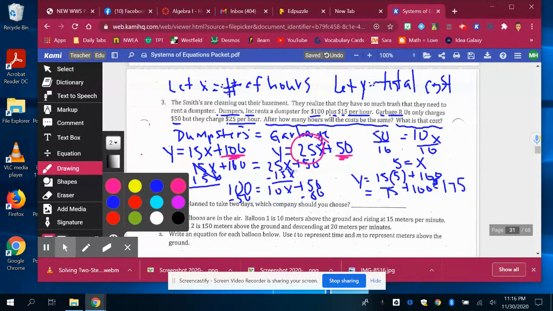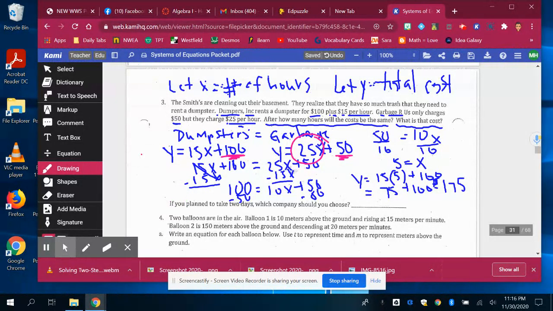Because Dumpsters Incorporated has a smaller per hour amount, I would say Dumpsters Incorporated is going to be your best bet if you're going to take 2 days.